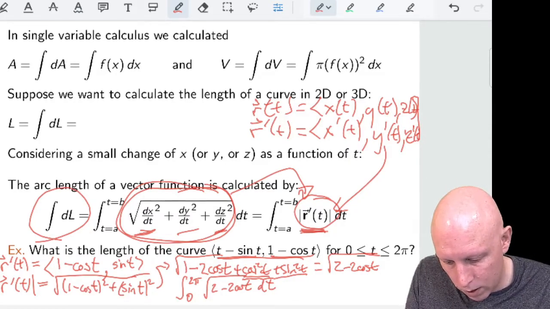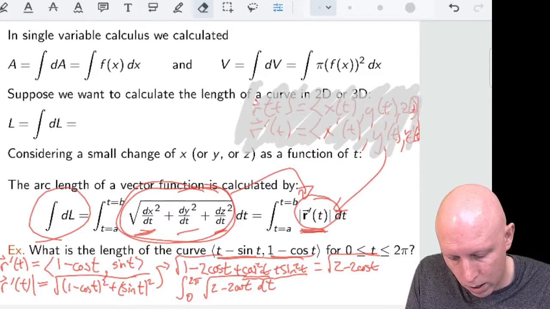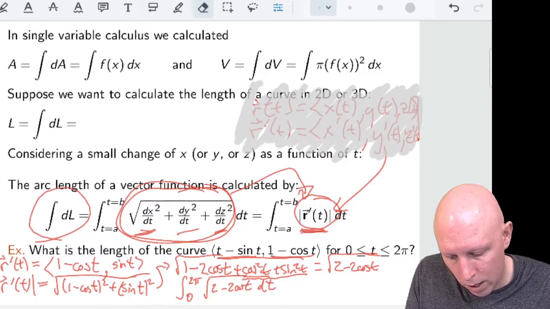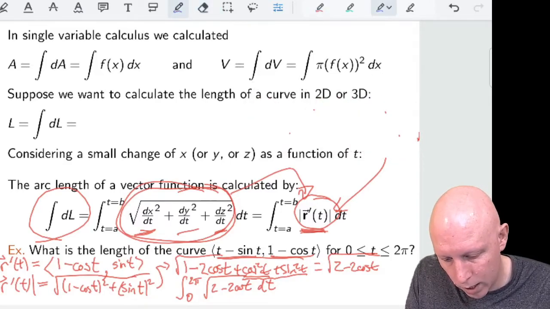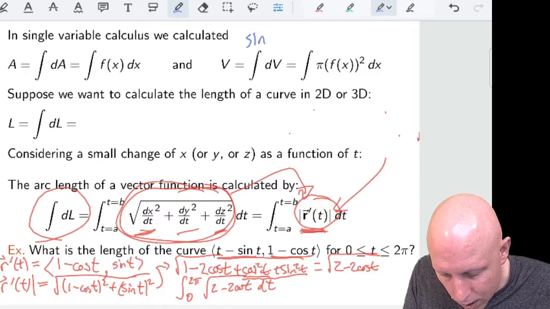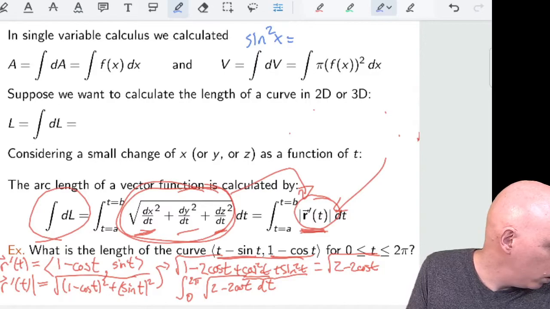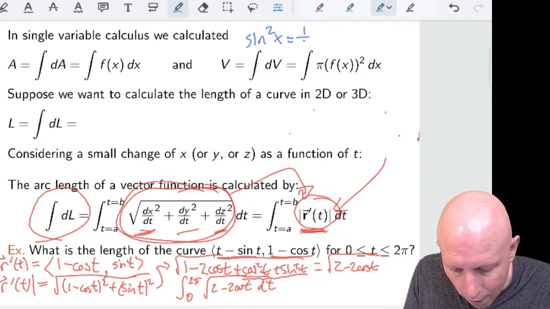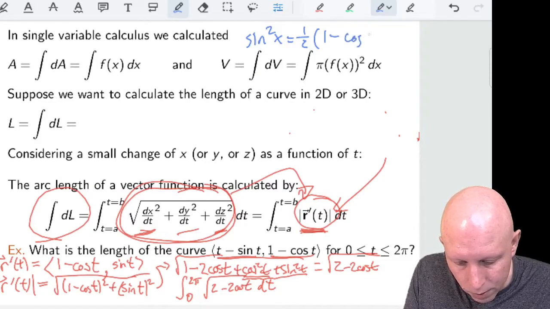Okay, so to solve this, let's make a little bit of space up here, and we'll use a trigonometric identity. Our trig identity says that sine squared of x is equal to 1/2 of 1 minus cosine of 2x.